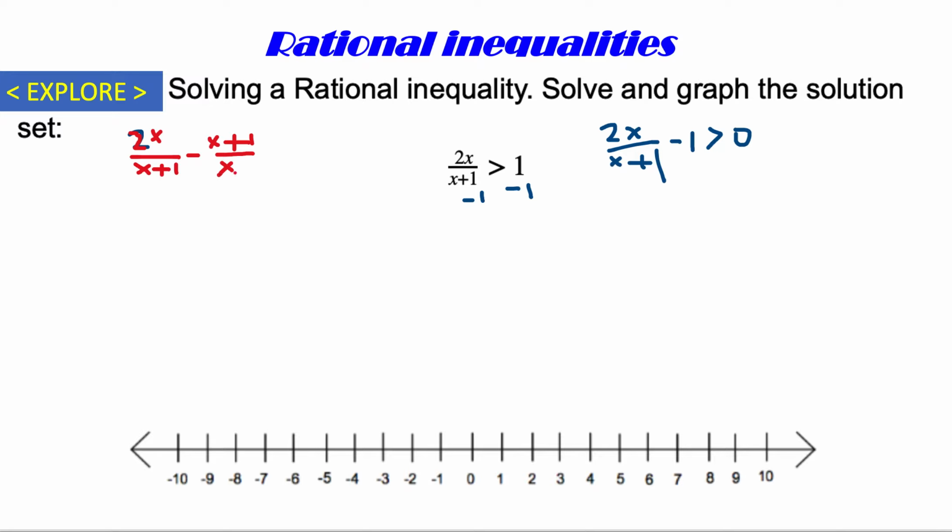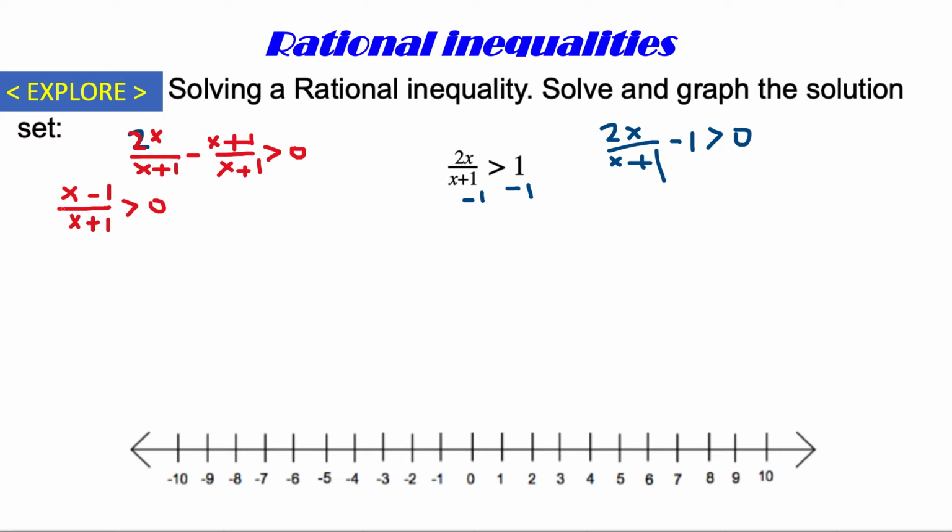Now if I subtract both, 2x minus x is just x, and on the other side the minus 1 is here, and the LCD is x plus 1, so the denominator is x plus 1, and this is greater than 0.